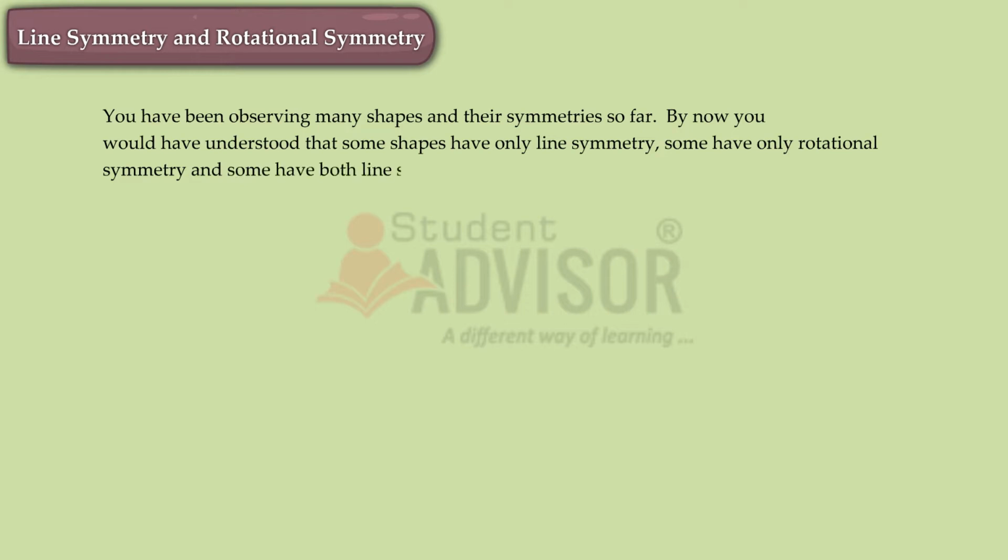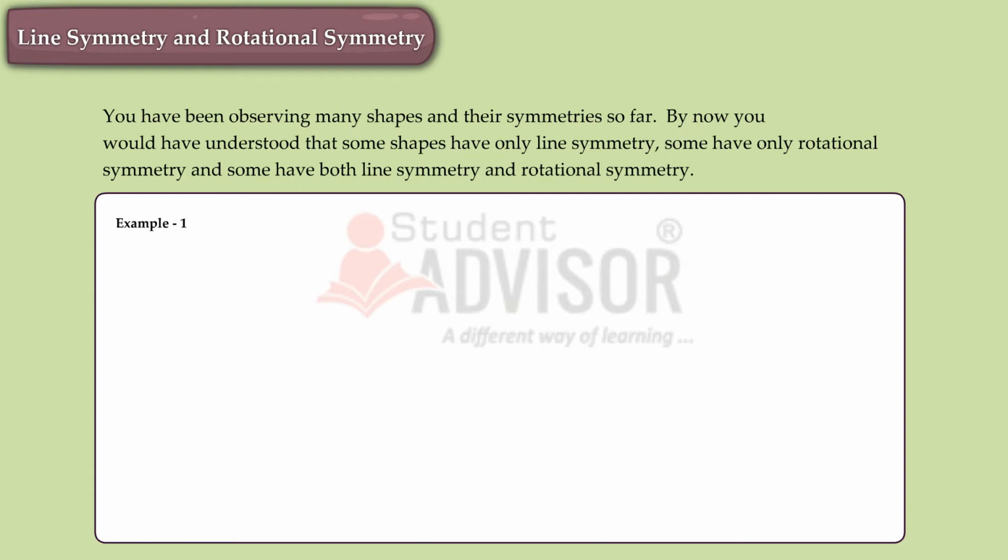Line symmetry or rotational symmetry. You have been observing many shapes and their symmetries so far. By now, you would have understood that some shapes have only line symmetry, some have only rotational symmetry, and some have both line symmetry and rotational symmetry. Example 1.